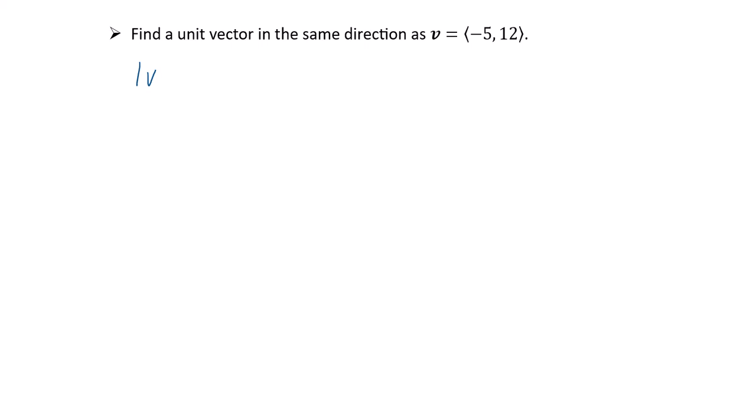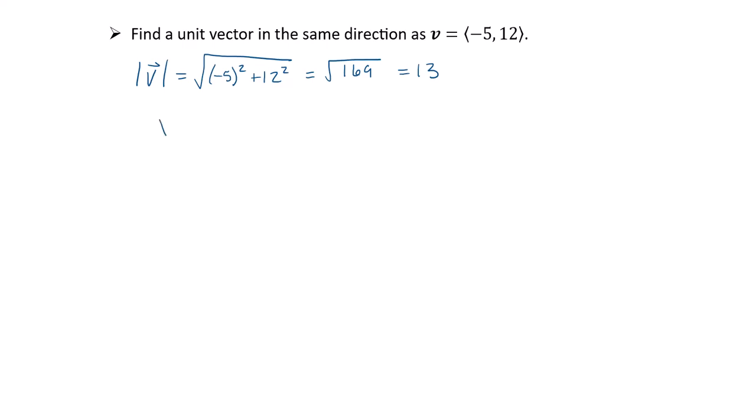First, let's find the magnitude of vector v. It's the square root of (-5) squared plus 12 squared, which is the square root of 169, which is 13.